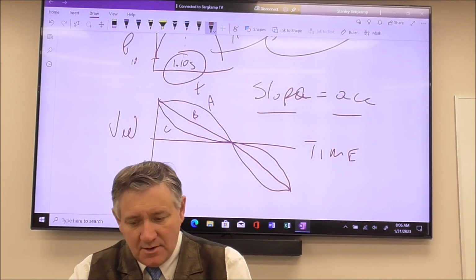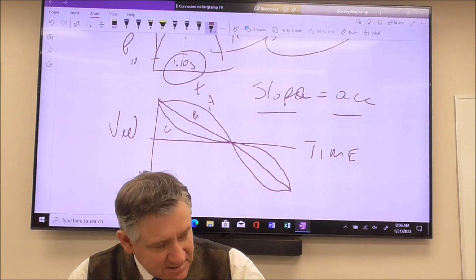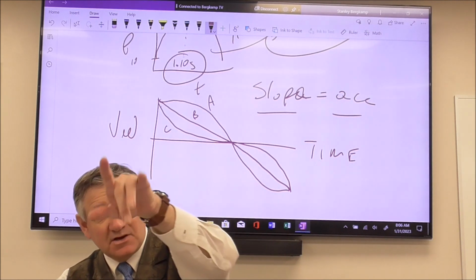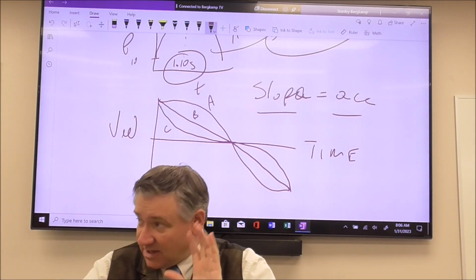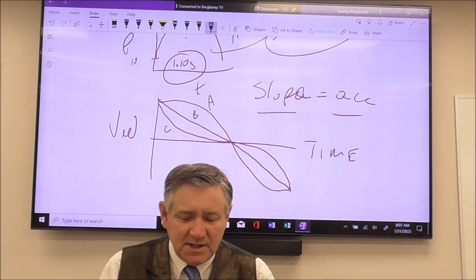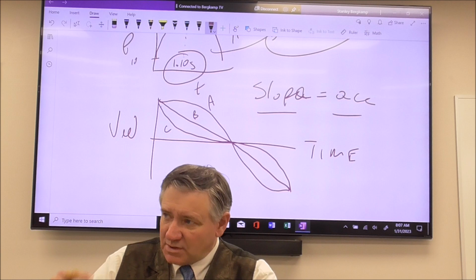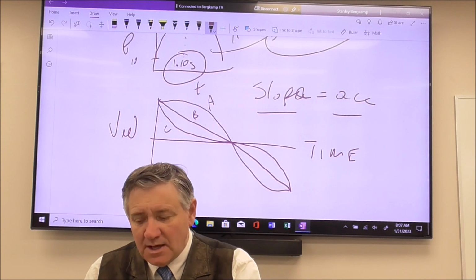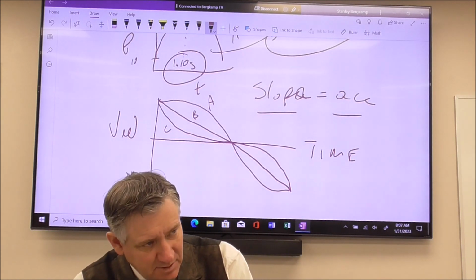So the reason that it accelerates goes back to this sign back there. It says F equals ma. If I get something in motion and there's no force acting on it, it will maintain that state of motion.